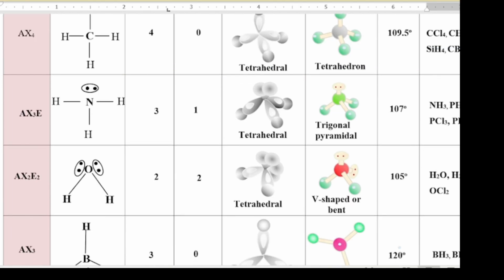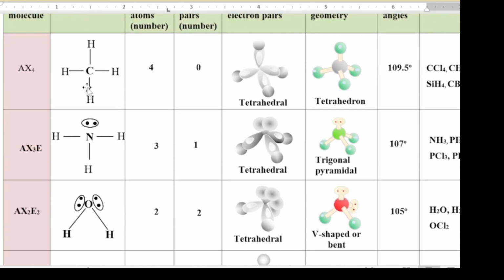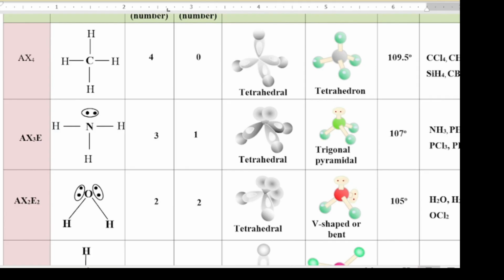AX3E. Example given there is ammonia, with a lone pair here. So now you have 3 bonded pairs and 1 lone pair here. Again, the electron arrangement is tetrahedral. When you talk about electron arrangement, you also include a lone pair. It will be tetrahedral. The shape now, of course, is different. It's a trigonal pyramid. Bond angle, 107 degrees.